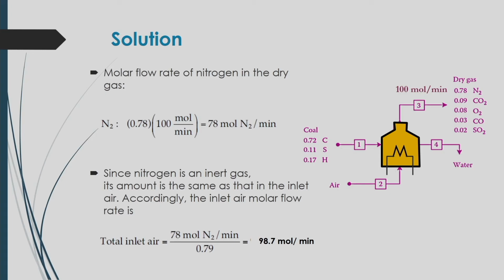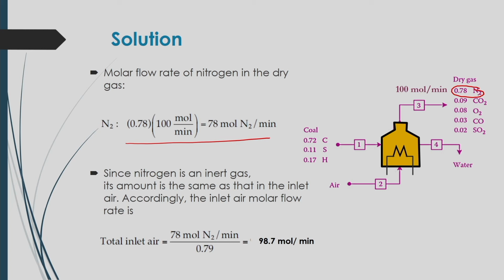Nitrogen in the dry gas is 78 mole percent, as given for the stack gas. Since the flow rate of gas in stream 3 is 100 mole per minute, the nitrogen will be 78 mole of nitrogen per minute flowing there.